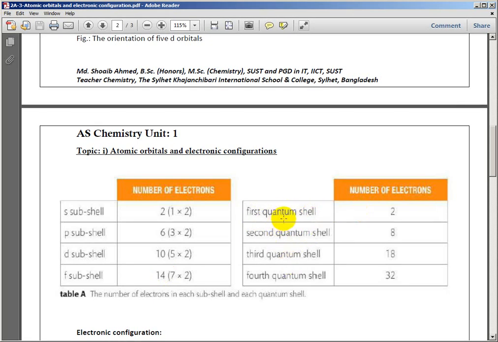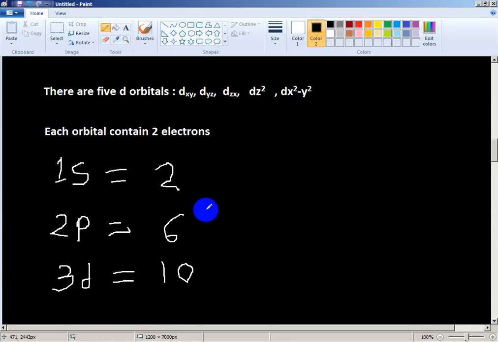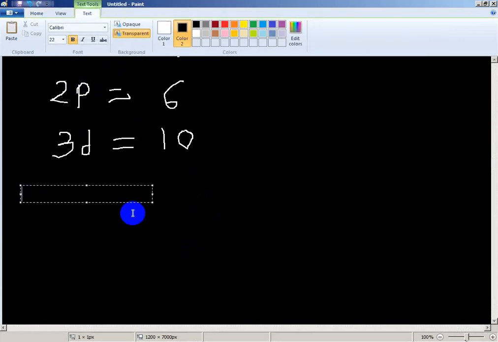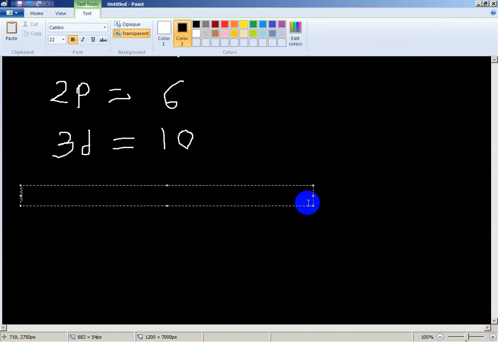How many electrons can the first energy level hold? The number of electrons that can be held in an orbit is 2n square electrons.